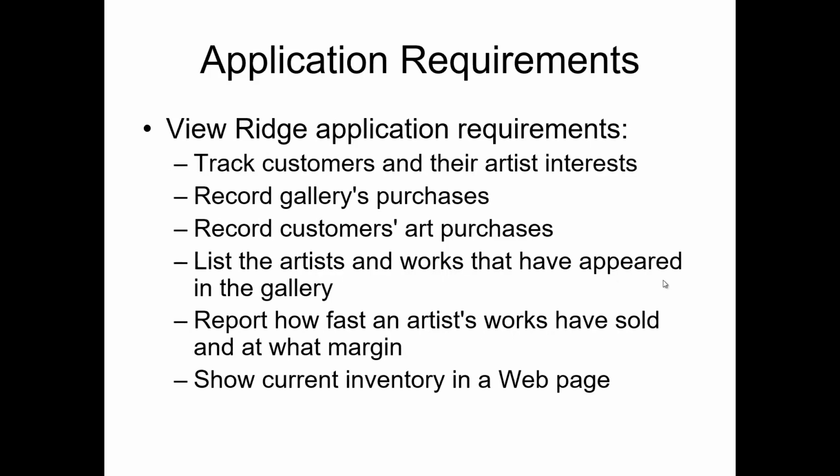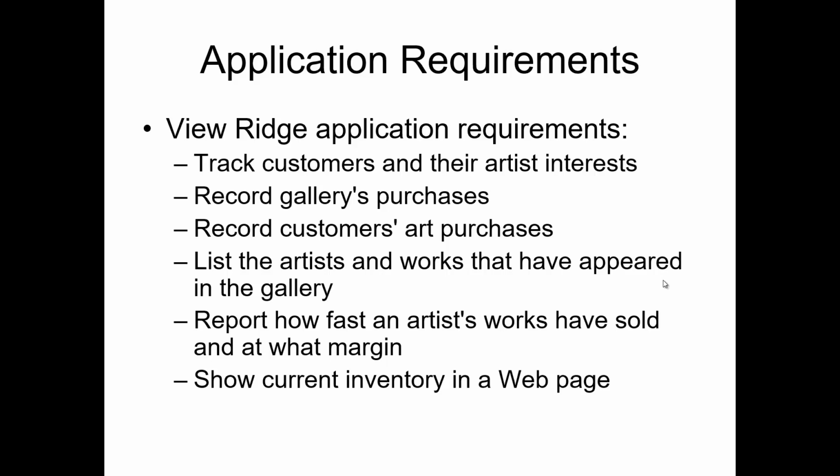Viewridge would like to have a database that will track customers and their artists' interests. And again, listen to the requirements for the company. So they are telling you exactly what they need. They need to track customers and their artists and their artist work. They need to record the gallery purchases.